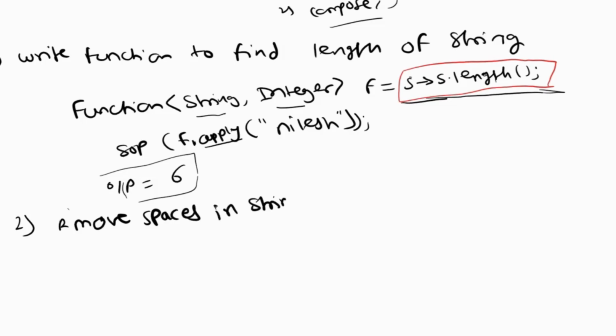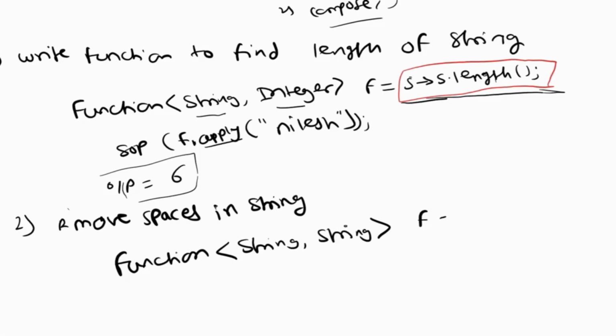Let me write the function for this one. Function, input type will be String and output type is also String, because we are removing the spaces in a string and returning that string. Let me name the function f.